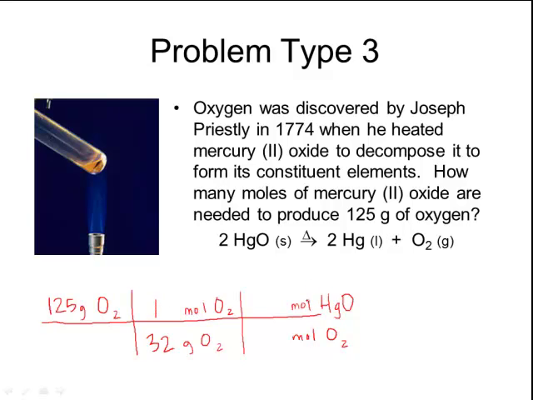And when you have the moles stacked on top of each other, you need the mole ratio from the balanced chemical equation. Again, those come from the coefficients. So there's a 1 before the oxygen, but a 2 before the mercury oxide. Take all the top numbers, multiply them across. So 250 divided by 32 gives me an answer of 7.81 moles of mercury oxide.